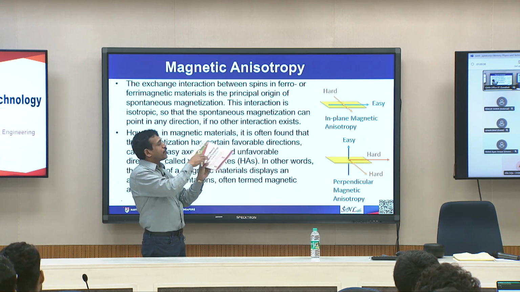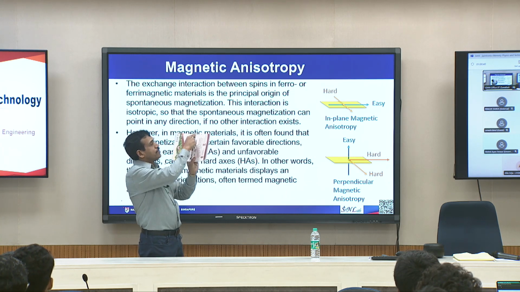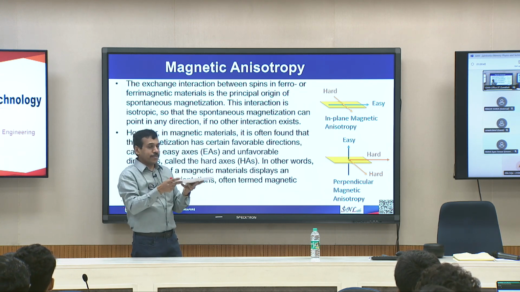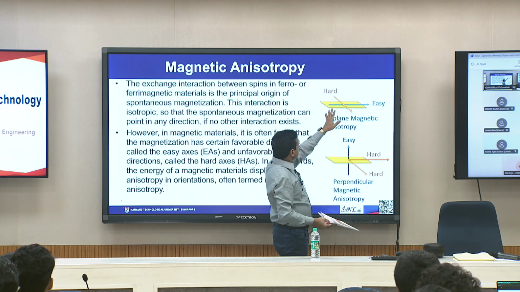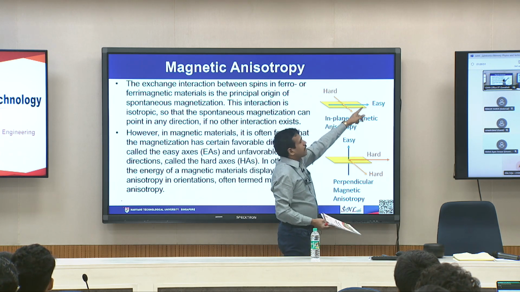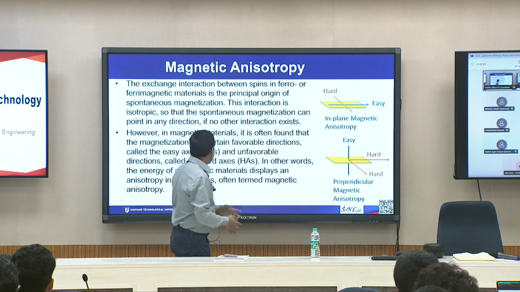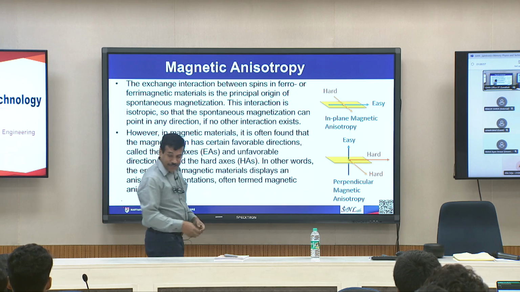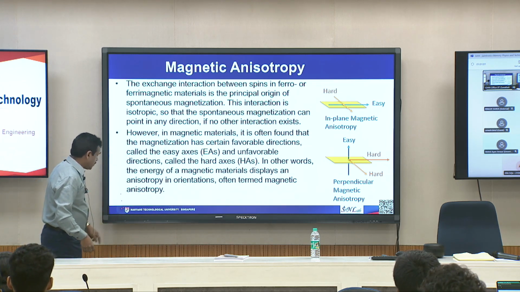We are measuring the property within this plane, only the direction is different, either along x or along y, but the properties are different. So, for example, in one direction you may easily achieve saturation. Easily means with a very small magnetic field you may be able to achieve saturation.